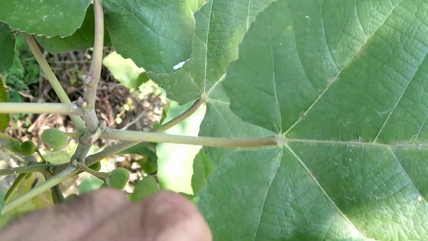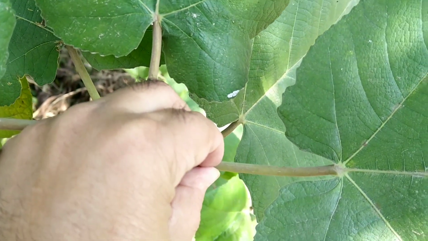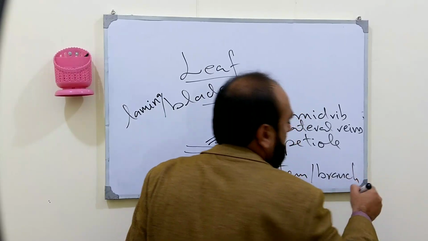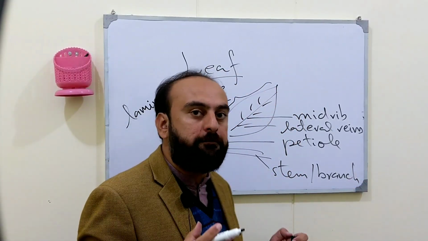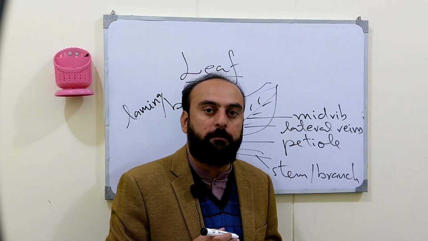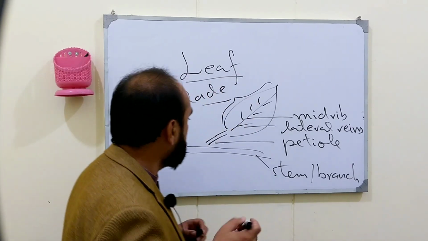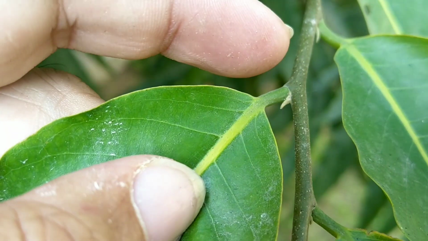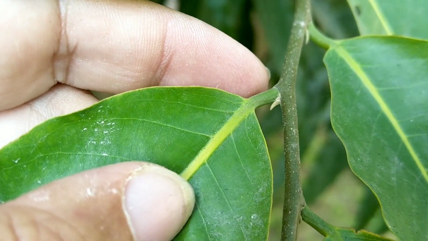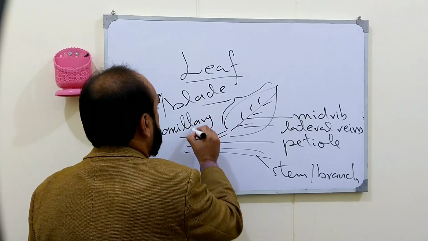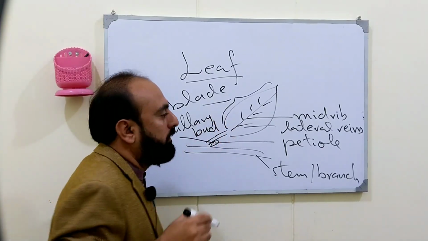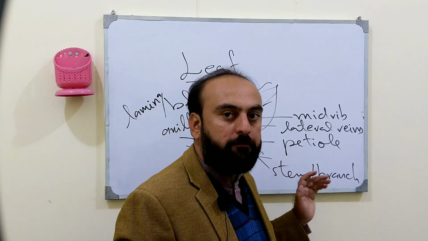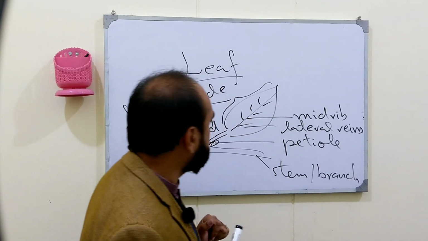This petiole attaches it to a stem or branch and projects the leaf into the environment for maximum light interception. And it can have axillary buds in its axil, which develop into vegetative or floral or reproductive parts.